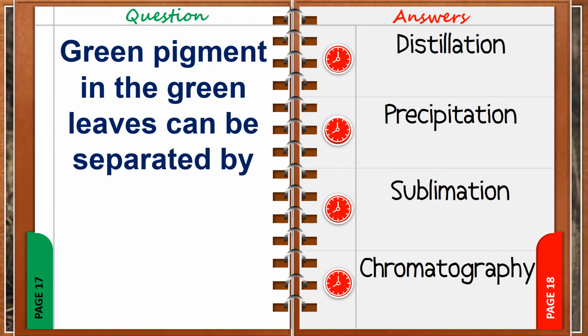Green pigment in the green leaves can be separated by chromatography.